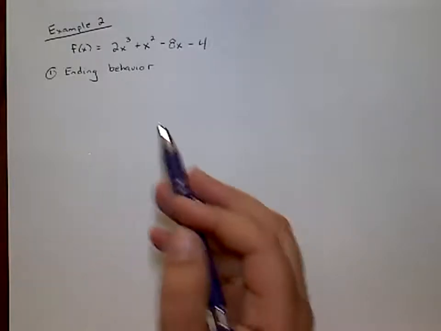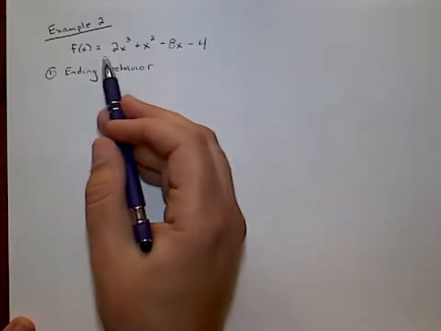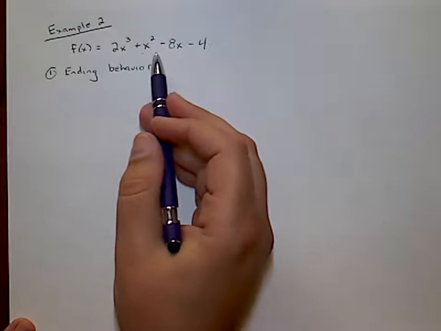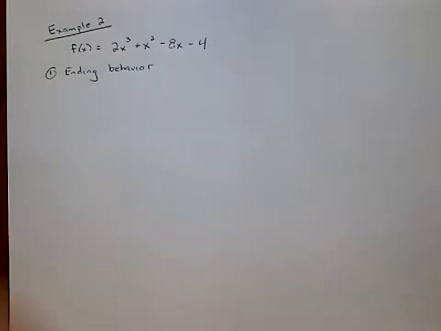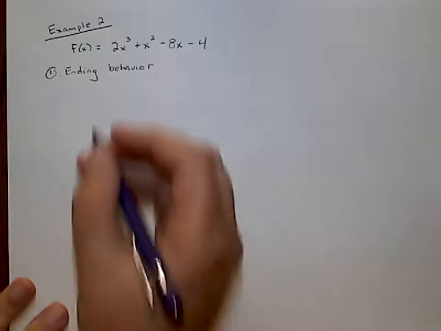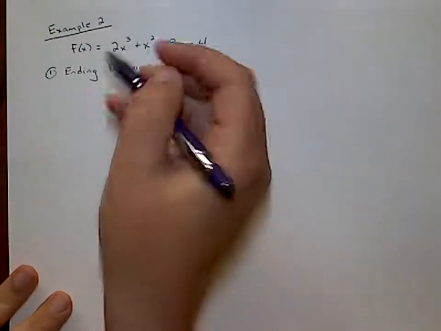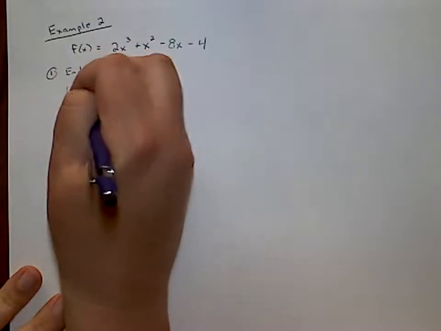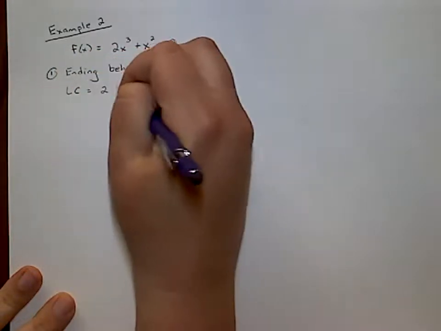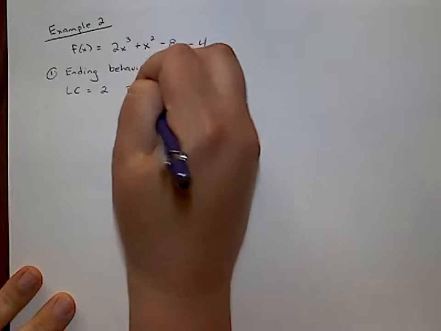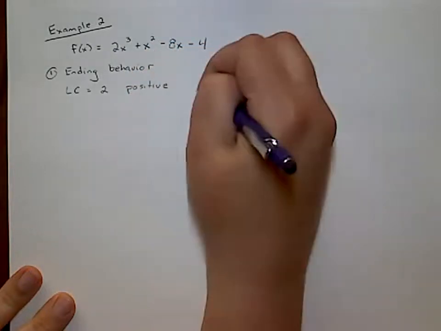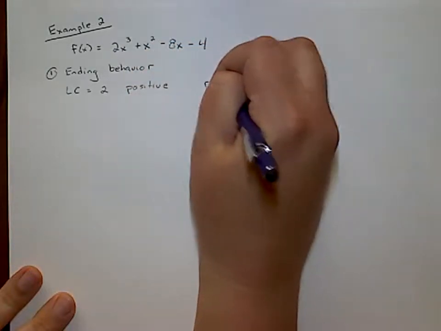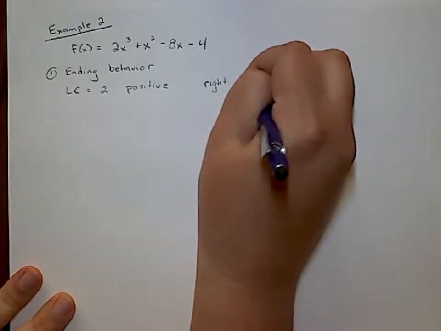Okay, our next example is going to be f of x equals 2x to the third plus x squared minus 8x minus 4. First thing I'm going to determine is the ending behavior with the leading term test. We look at the leading term. Our leading coefficient is 2. 2 is positive, and that means that the right side rises.